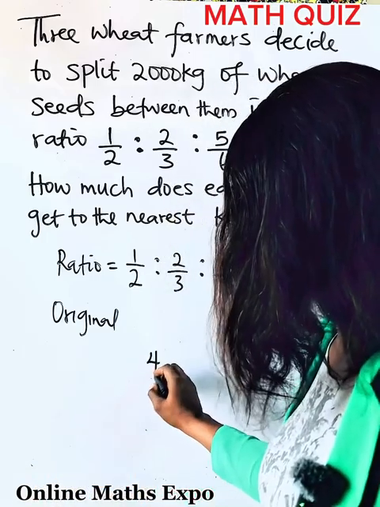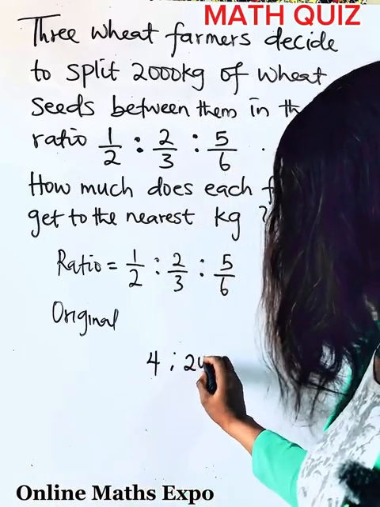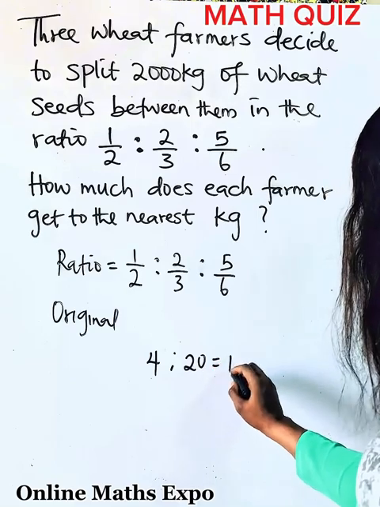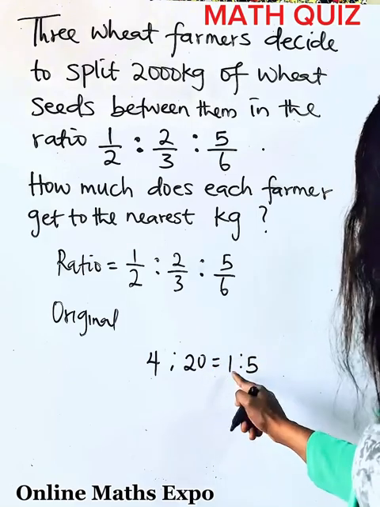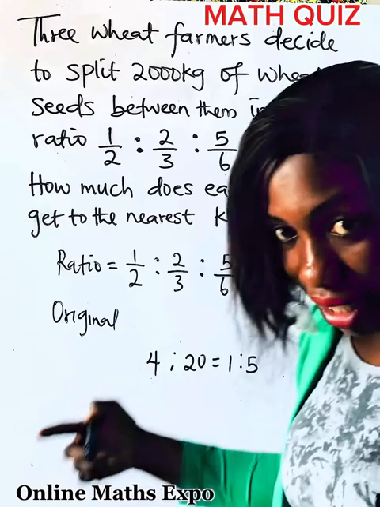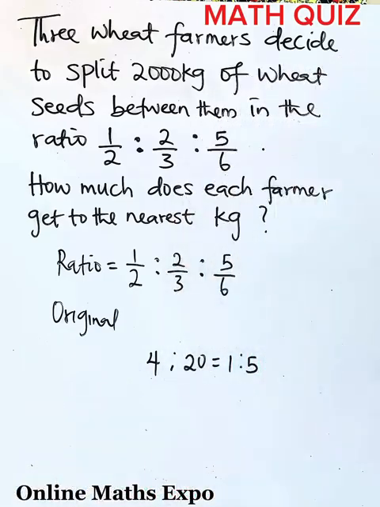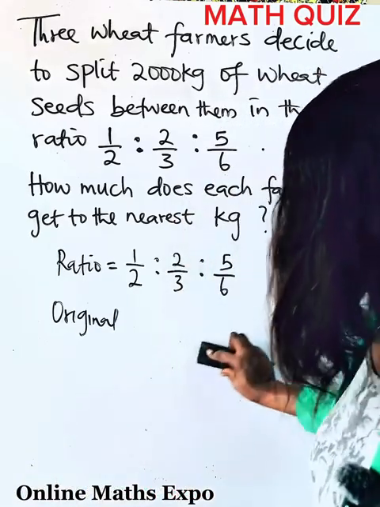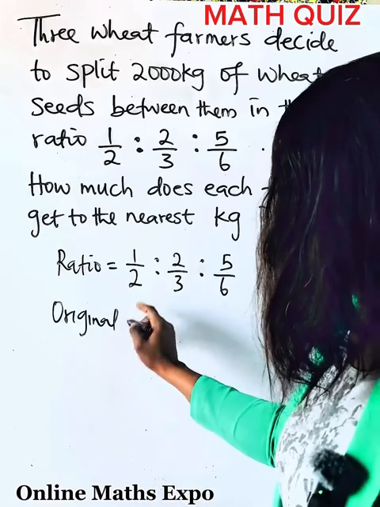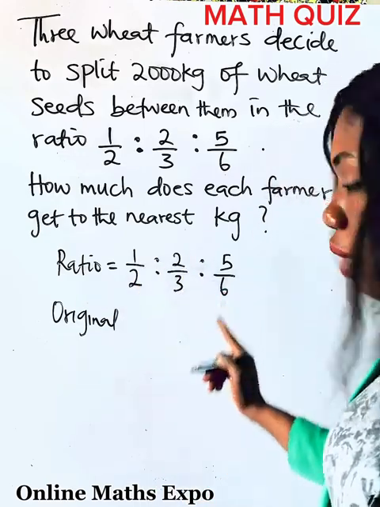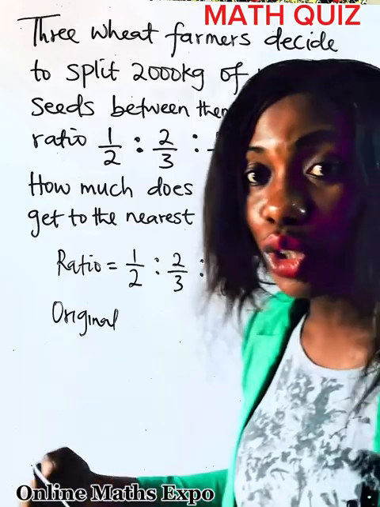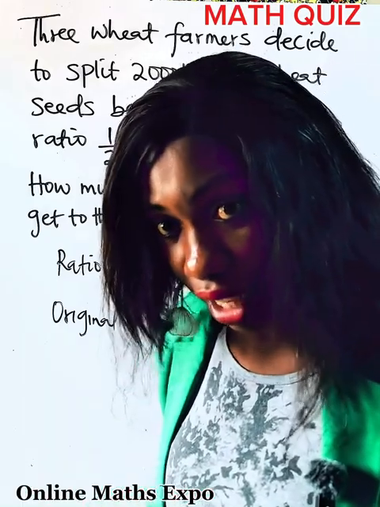Just like when you have 4:20, you divided and it gave you 1:5. So if you want to return the number, you multiply. The opposite of division is to multiply. So we are going to multiply each of these ratios by x, because we don't know the number with which they were divided.